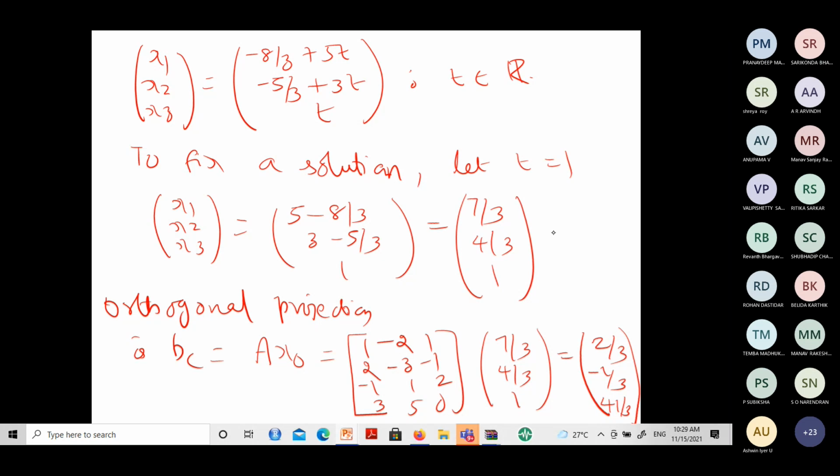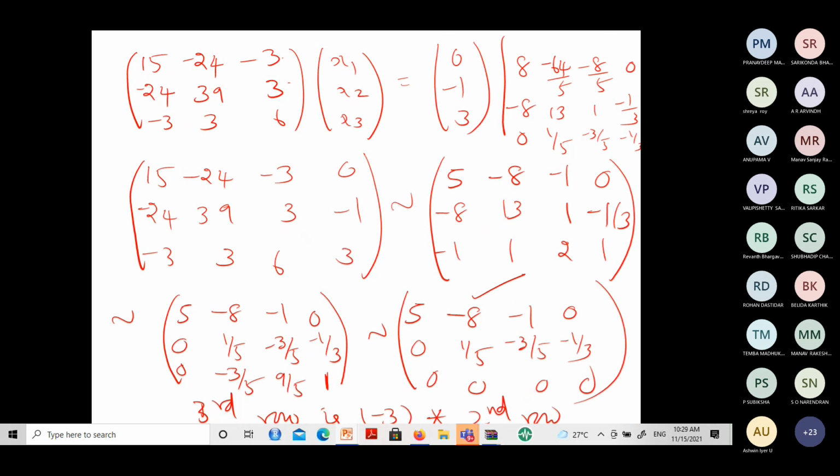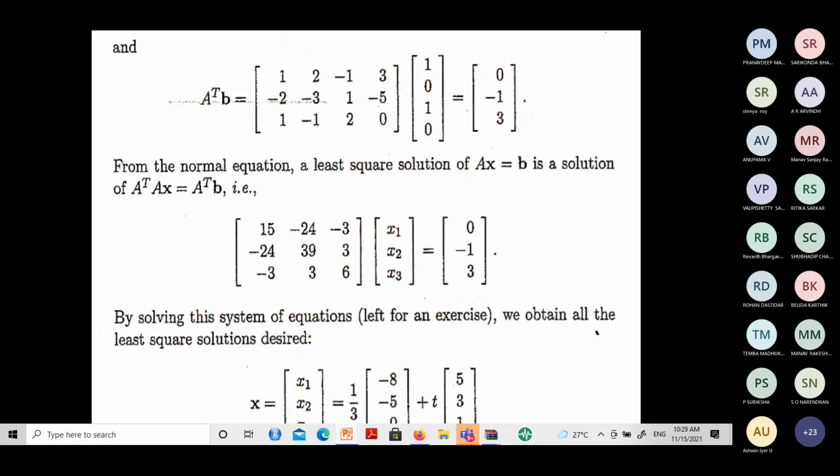The solution will change, yes. Not everybody will get the same solution. Can you say why? Because it depends upon the value of t that we have chosen. This might be the same, you might have got the same. But this is different because I don't know what they have chosen here. Same thing, can you see? Same minus 8 by 3 plus 5, minus 5 by 3 plus 3t, everything is the same.